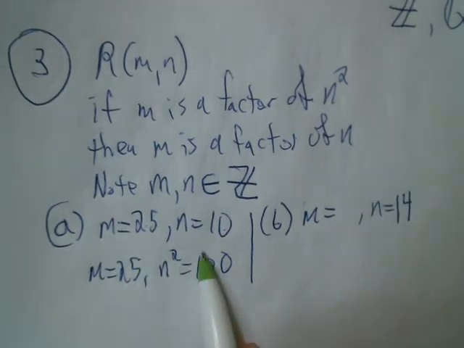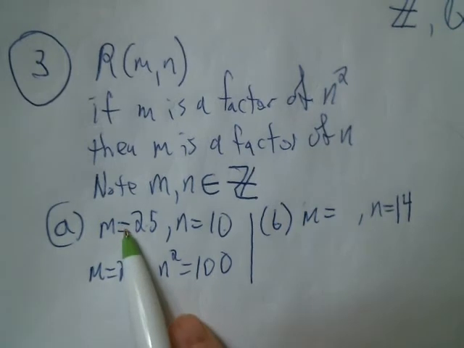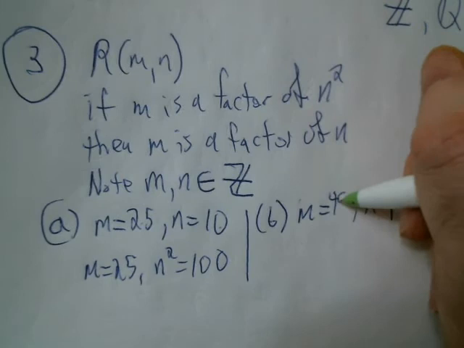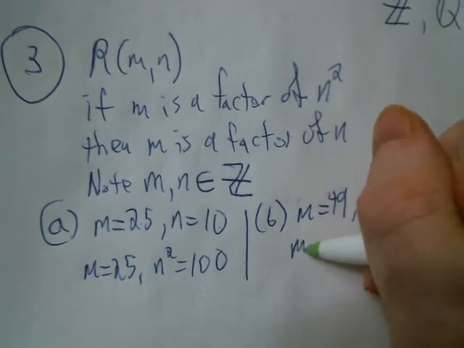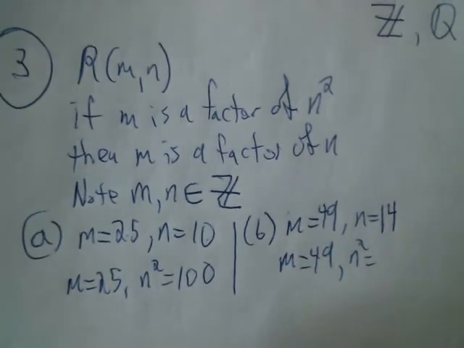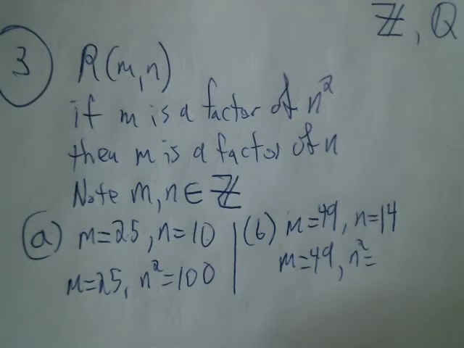And that's the form here. This is 5 times 2, this is 5 squared. So 7 times 2, and then 7 squared is 49. Okay, so we note that m is 49, and then n squared is, drum roll, 14 squared, 196.